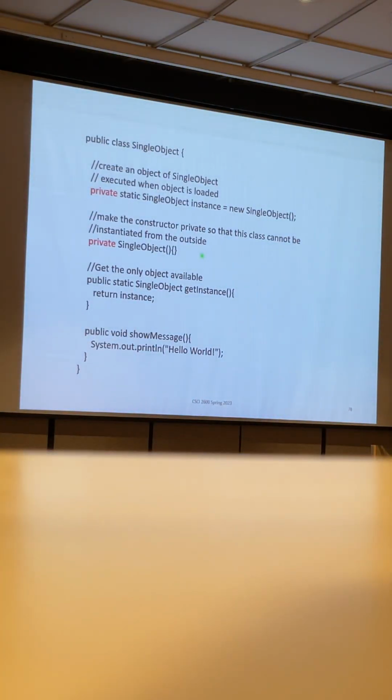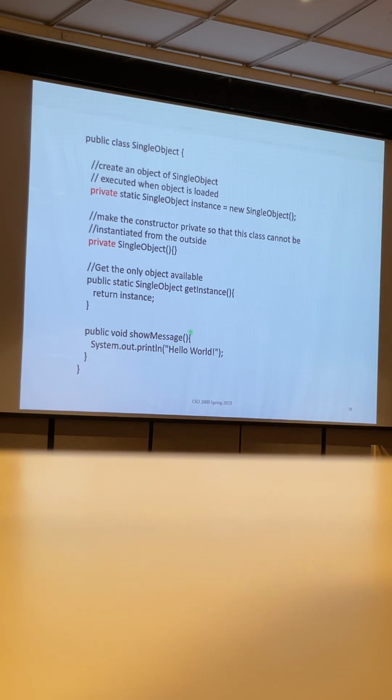The important thing to remember is that the default constructor, which has no body and no parameters, is public. So if you remove this line, it's not going to be a singleton pattern anymore because anyone would be able to create new instances. So we have to provide the constructor so that it replaces the default constructor that we would otherwise get.